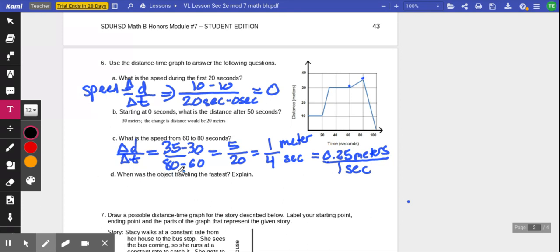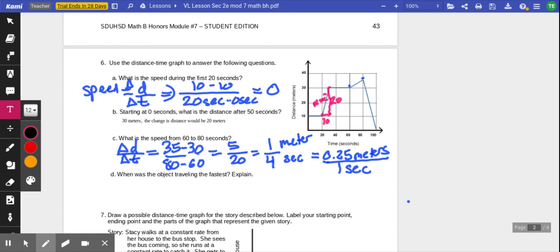When was the object traveling the fastest? Okay, so we want to see the greatest change. So what I'm looking for is the largest slope or the most negative slope. So I have to kind of think about that. Here, when I'm looking at this slope triangle over here, I see that this is going over 10 and up 20. So this slope right here is about 2.